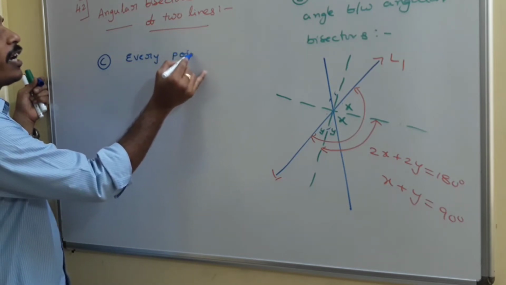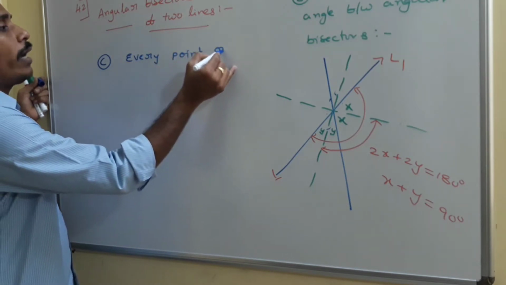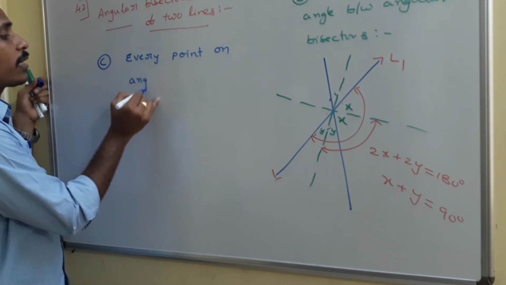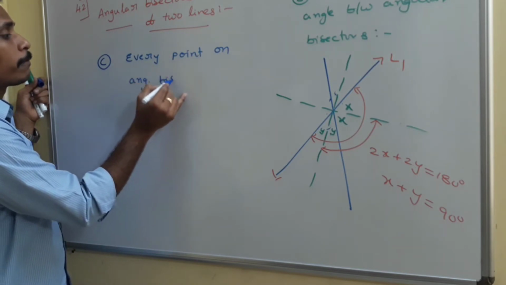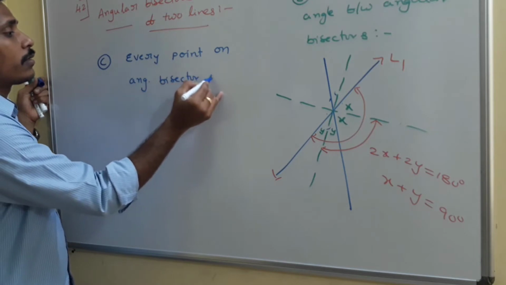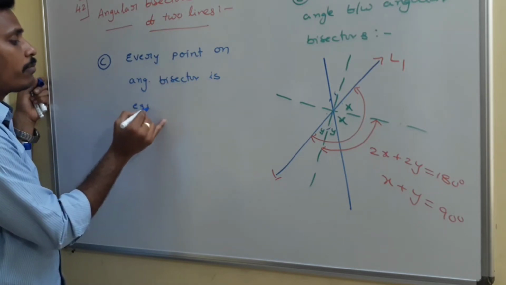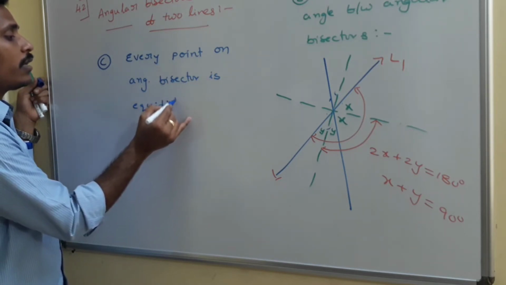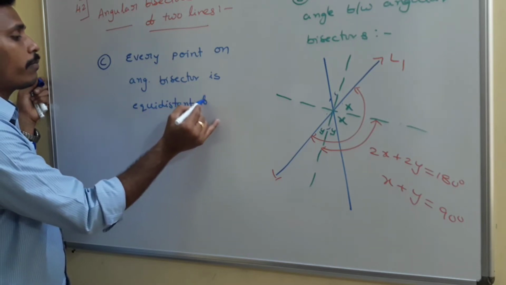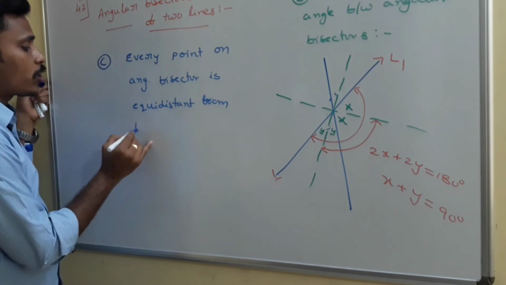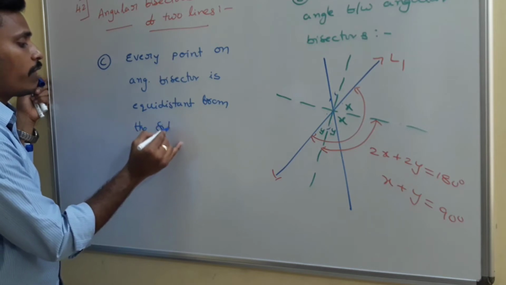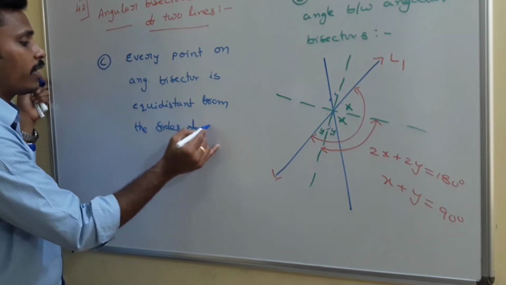just observe the statement I am writing. Every point on an angular bisector is equidistant from the sides of the angle, from the arms of the angle, from the lines of the angle.